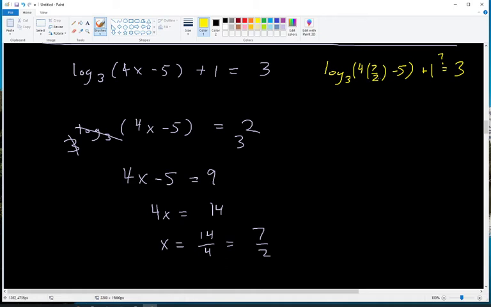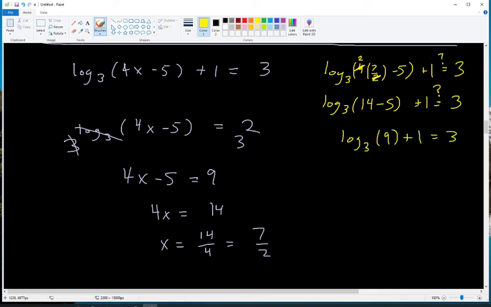So the 2 here can cancel with the 4. That'll leave a 2 up there. 2 times 7 is 14. So you have log base 3 of 14 minus 5, plus 1, is 3. That's what we're trying to check. So 14 minus 5, that's 9. So we got log base 3 of 9 plus 1 is 3.